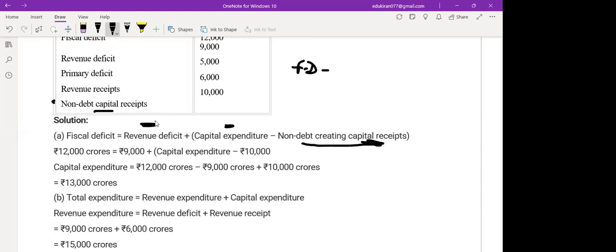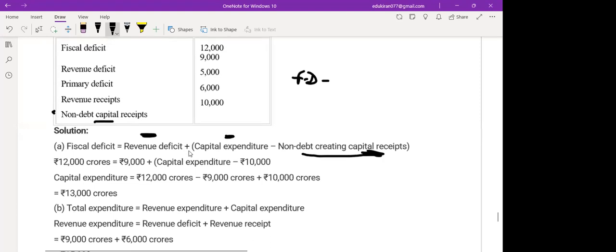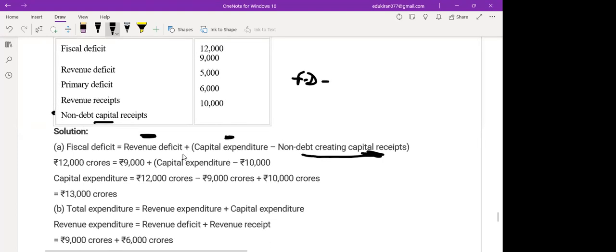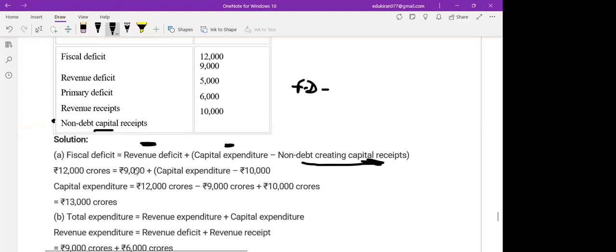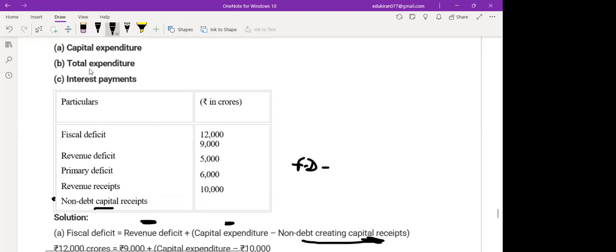Fiscal deficit is already mentioned to you. Revenue deficit is already mentioned to you. I think you people can do it now. Putting the value, getting the answer, right? So from here you got capital expenditure. Now after this you have to find second, total expenditure.